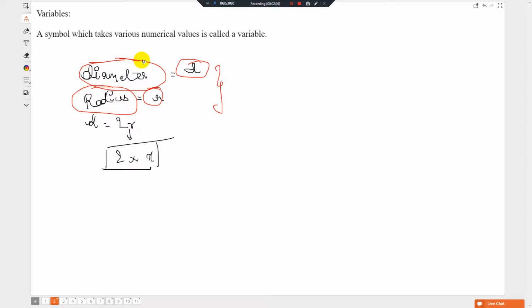In this, which are the variables? Think about which are the variables here.